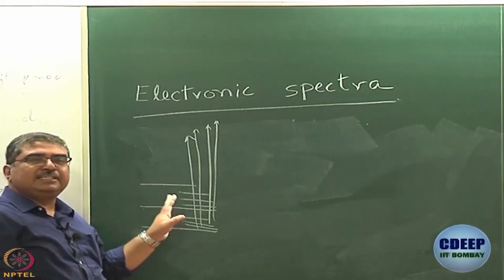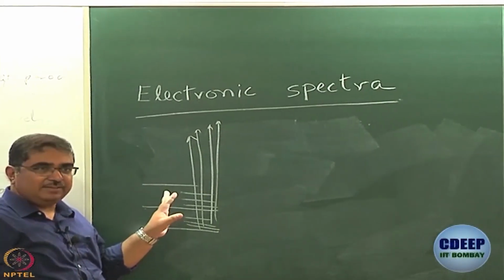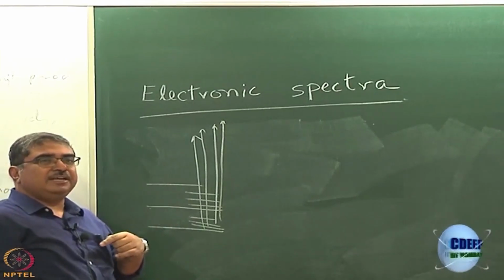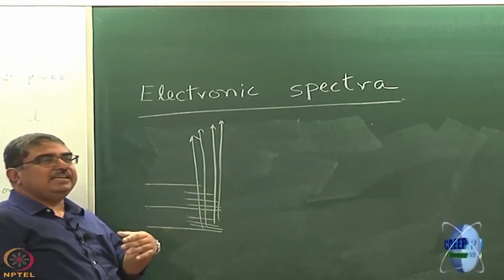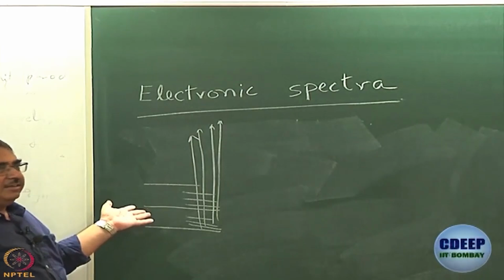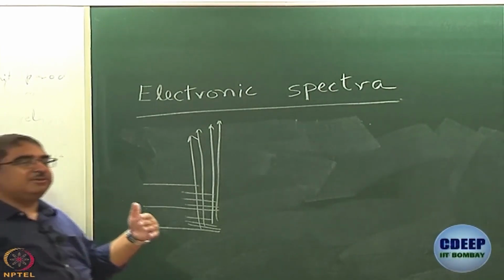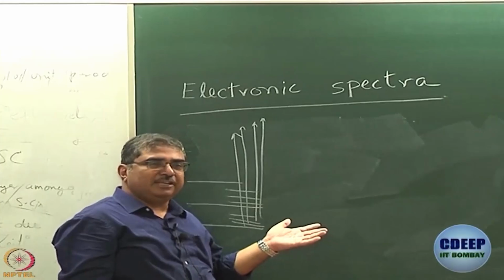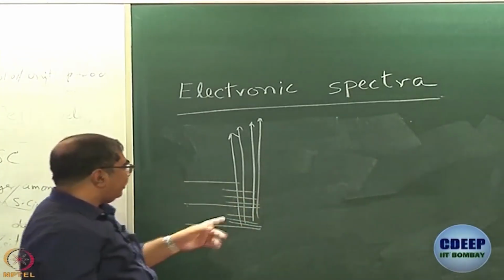So, some selection rule is associated with this as well. Once again, we will not derive the selection rule now. Once we are done talking about symmetry of states and derivation of whether the transition moment integral is 0 or not for electronic levels, maybe we will come back to it.